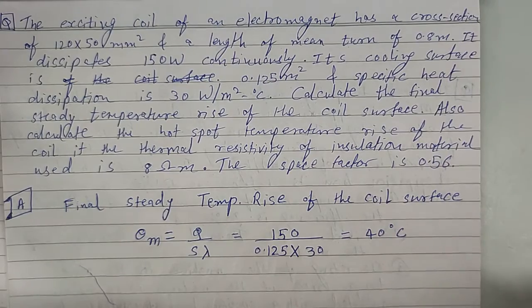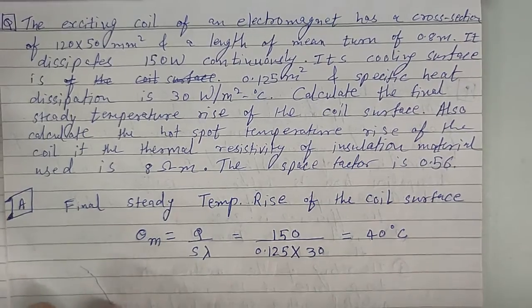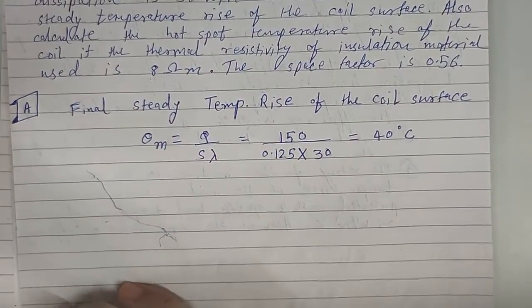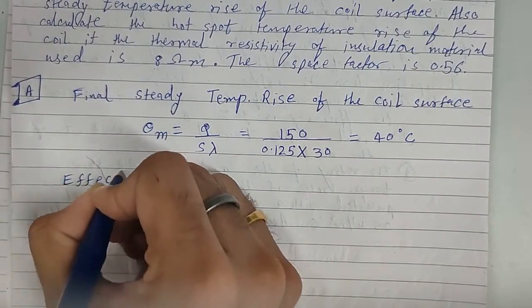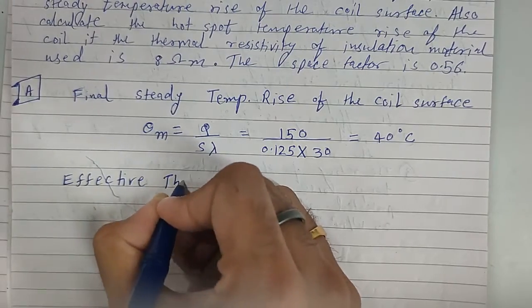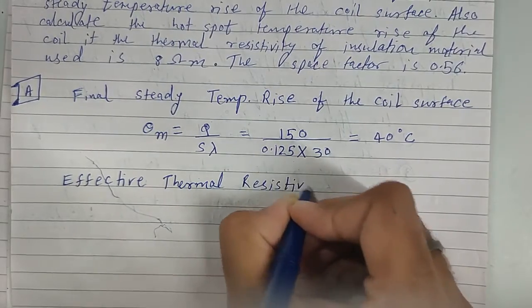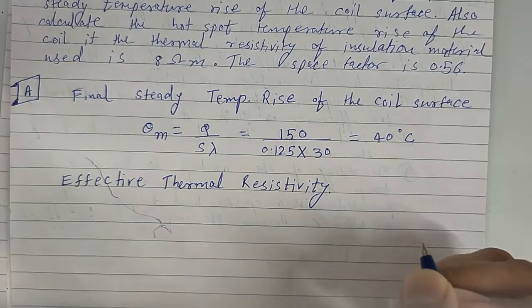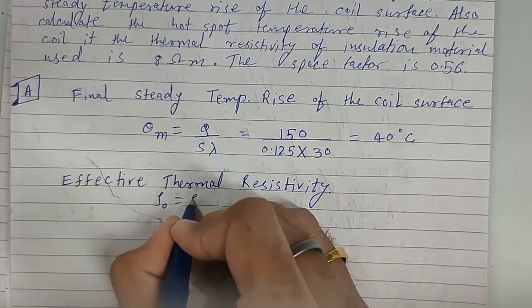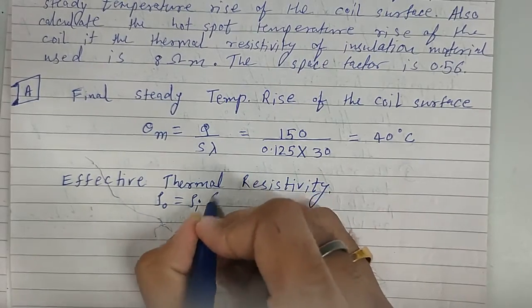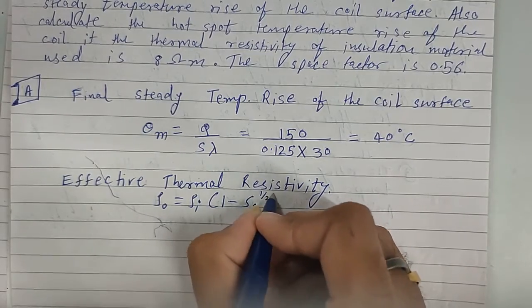Now moving ahead, we look at the effective thermal resistivity. So what is effective thermal resistivity? We can find out the effective thermal resistivity with the help of a formula which is rho 0 is equal to rho I into 1 minus SF raised to 1 by 2.